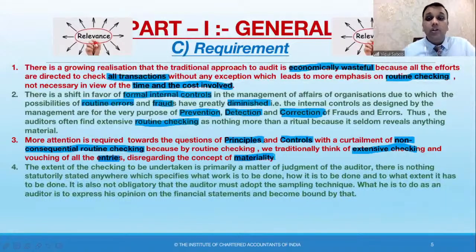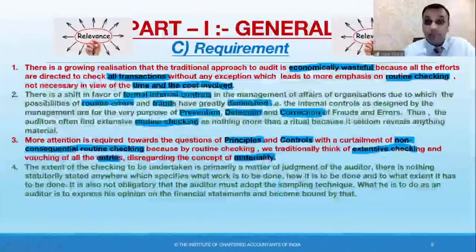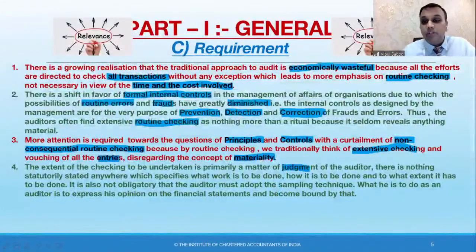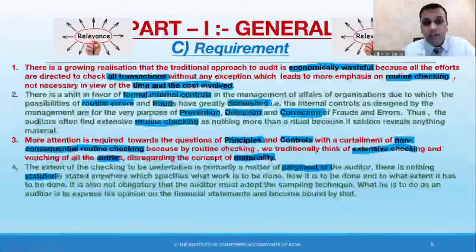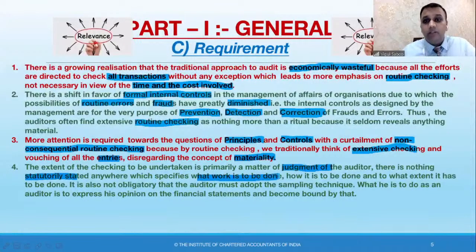The extent of checking further is a matter of judgment of the auditor, and there is no statutory liability anywhere which states what work is to be done by the auditor, how it is to be done, and to what extent it has to be done.